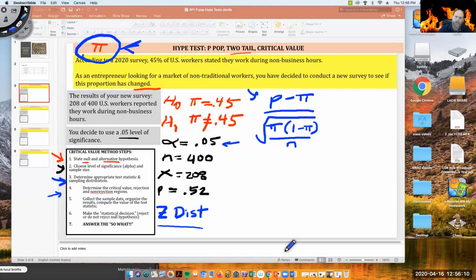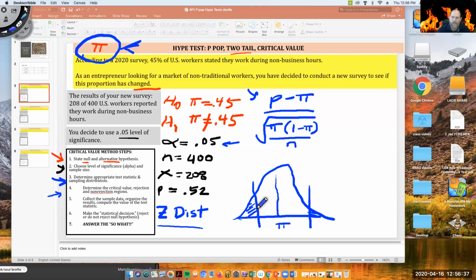And theoretically, what we're doing is we're going to do this. All right. So I'm jumping ahead conceptually. We still have our P-pop here in the middle. We're going to determine regions. This is called a rejection region. This is called a rejection region. This is called do not reject.